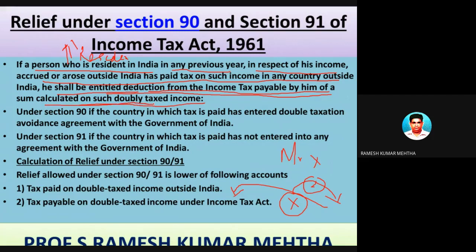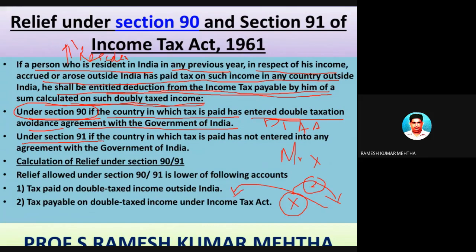So under section 90, if the country in which the tax is paid has entered into a double taxation avoidance agreement, which is called DTAA, with the Government of India, section 90 is applicable.